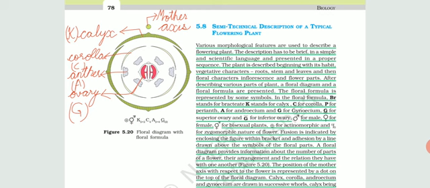So, how will it start? As we already know, the flower consists of four whorls. The first whorl is known as calyx. The calyx are the sepals, which are green in color, and it is represented by capital K. Followed by beautifully colored petals, which are known as corolla.